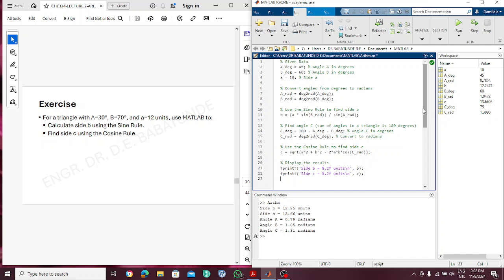If you use those functions instead, MATLAB is going to understand that the arguments passed into those functions are measured in degrees. So we would not need to convert from degrees to radians. So let's remove the part that does that conversion, replace sin with SIND and cos with COSD, and let's see what the outcome is going to be like.